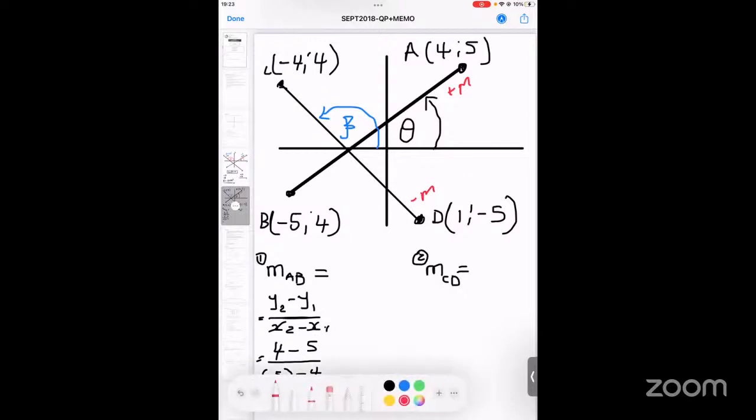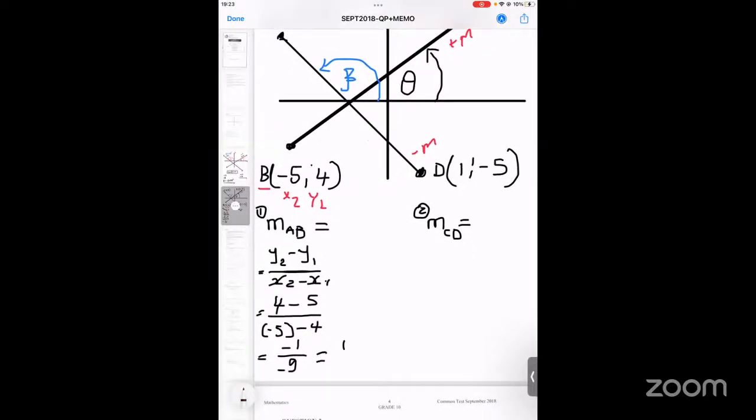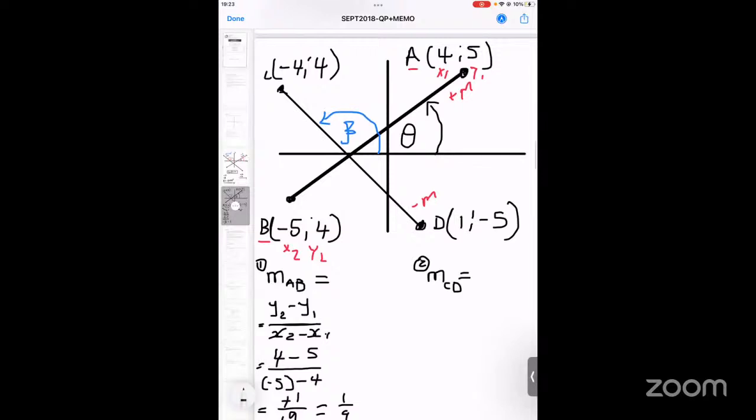Remember, letter B comes second, letter A comes first. That is why this is my X2, Y2, and this is my X1, Y1. So if you punch this into your calculator, or even if you work it out, you have -1 at the top over -9, which therefore ends up as +1 over 9, because the negatives cancel. So that means the gradient for that line is equal to +1 over 9.